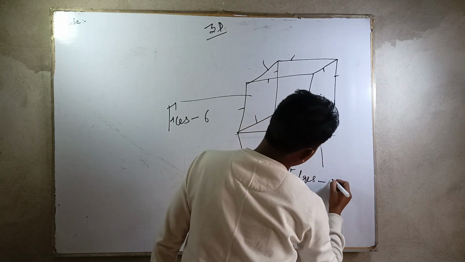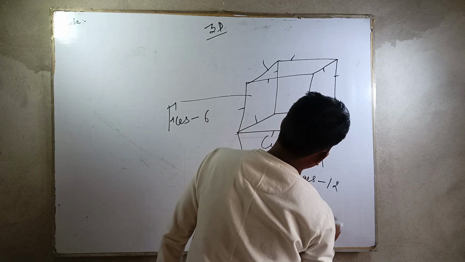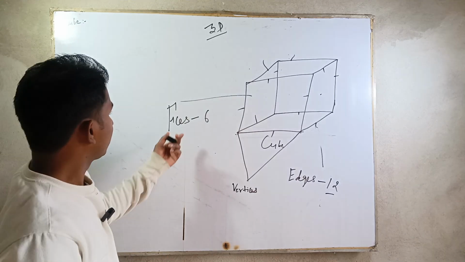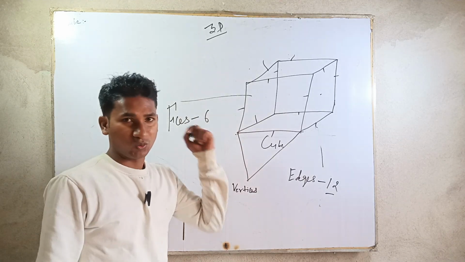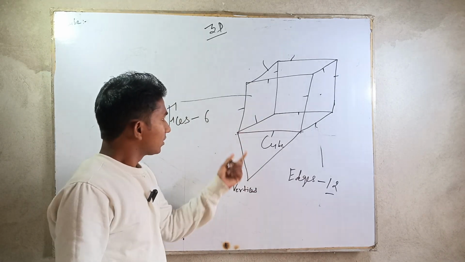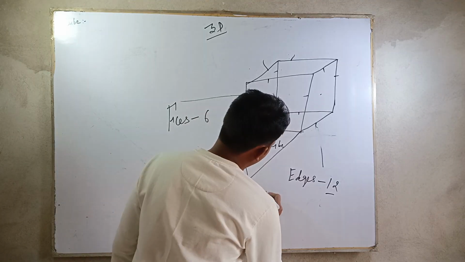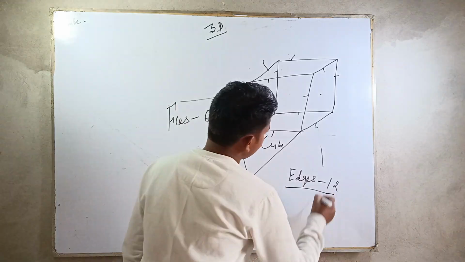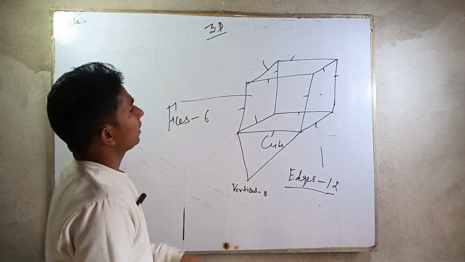How many edges are there? 12 edges. There are 6 faces in a cube, 8 vertices in a cube, and 12 edges in a cube.